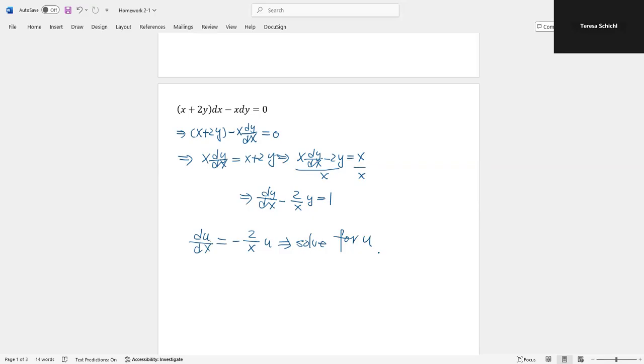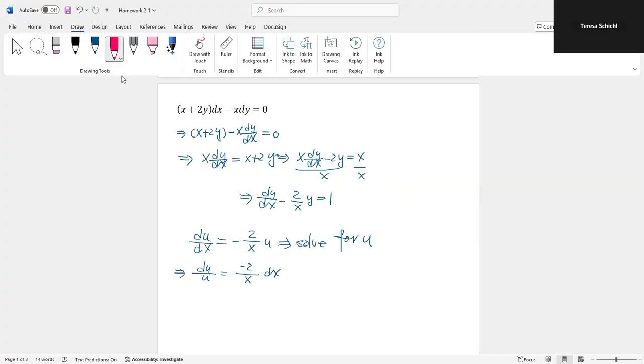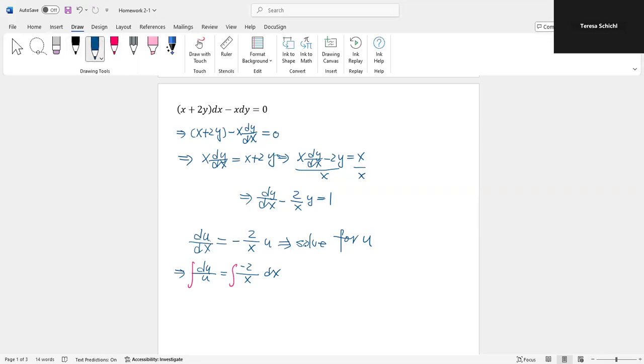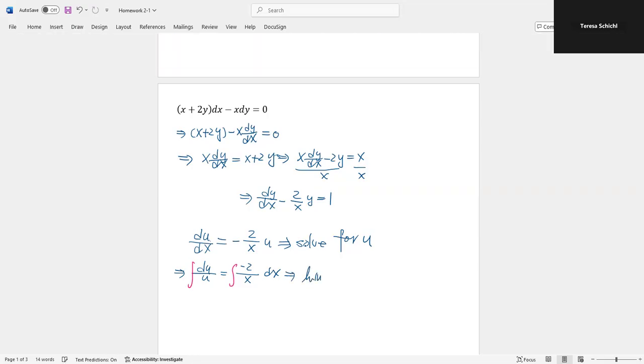Here you can do a separation: du/u is equal to negative 2/x dx. Then you integrate both sides. I get ln u equal to negative 2 ln x, which is ln of x to the negative 2. So I can get rid of the ln, and u is equal to 1 over x squared.